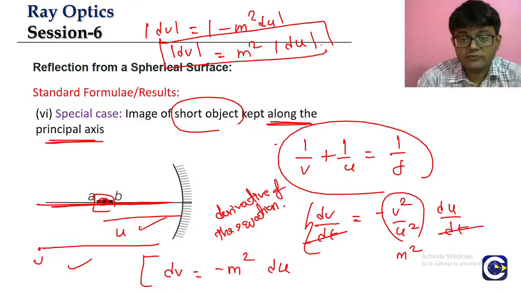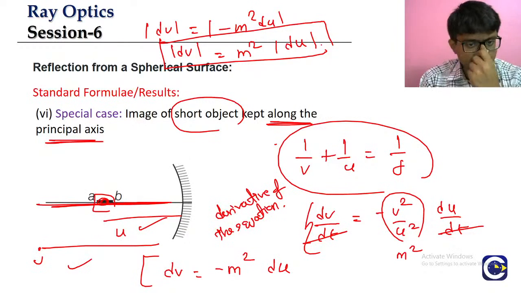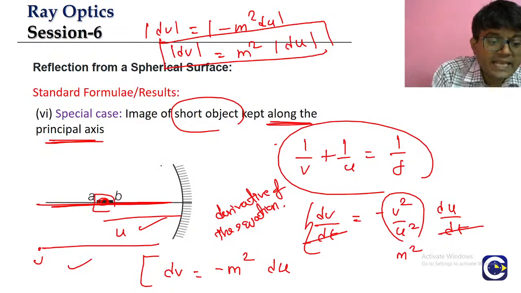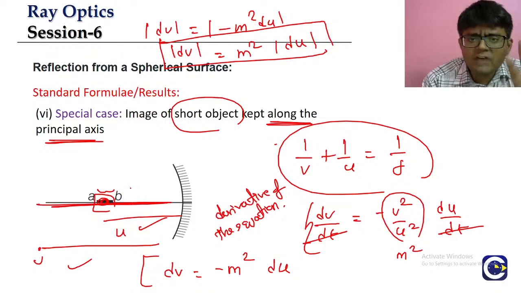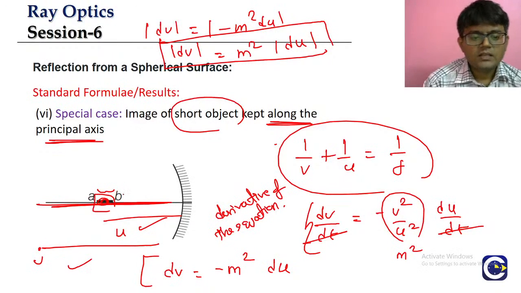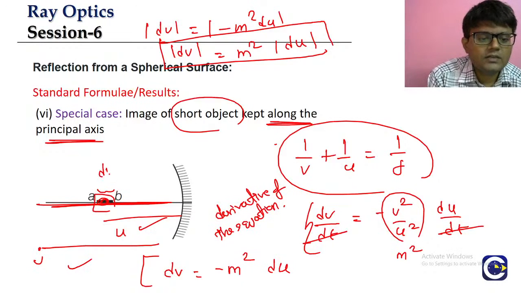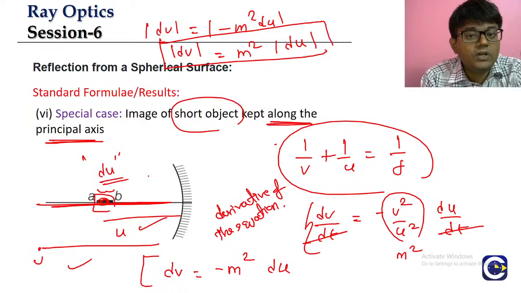Now understand this carefully. If it is a short object, can we say the spread of the object is going to be very small? It will not be, of course, differentially small, but it will be very small. As an extreme approximation, we can think of it as a very, very small change in the value of u.